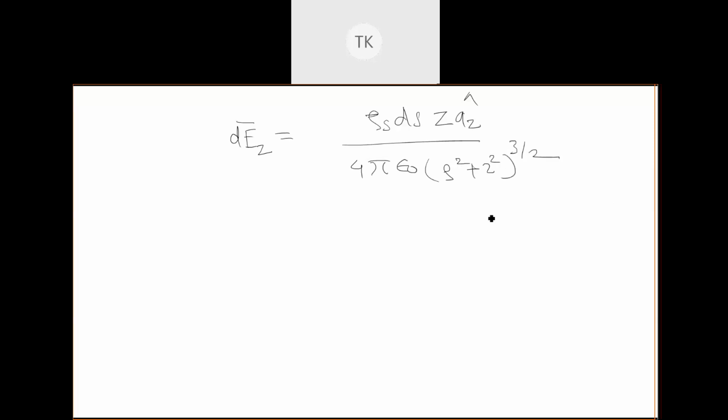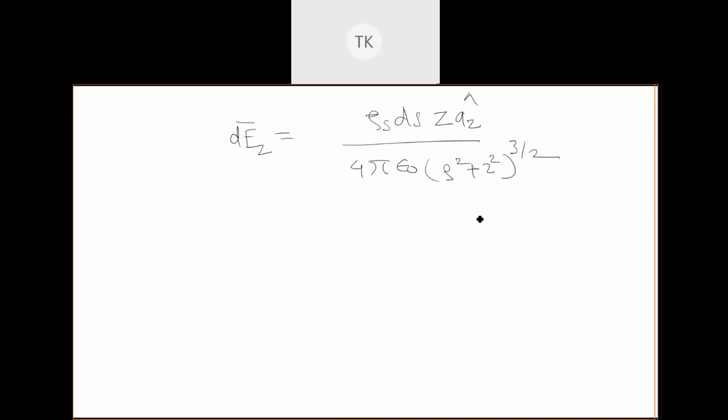So we will write down here dEz, that is the electric field intensity in the direction of z, which will be nothing but rho_s dS into z a_z cap divided by 4 pi epsilon, rho squared plus z squared raised to 3 by 2, because we have not considered the first term, that is in the direction of rho.